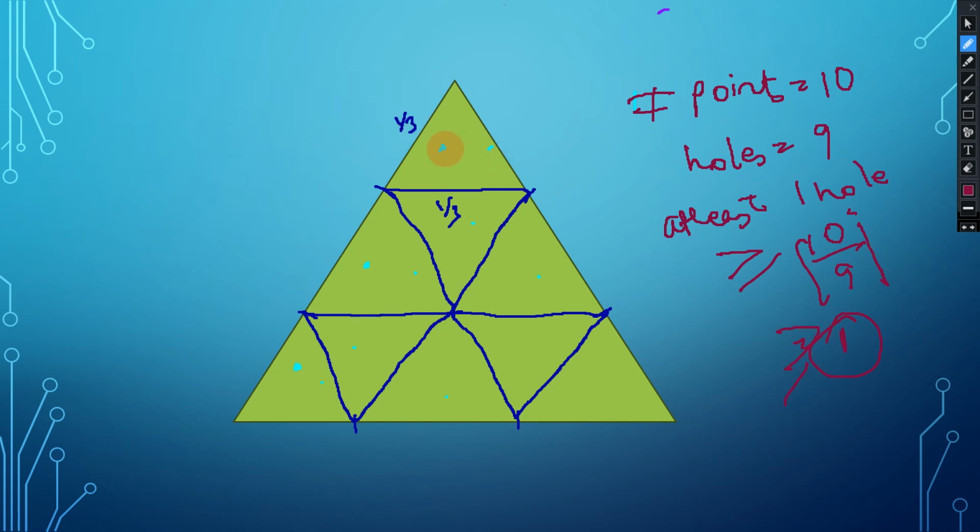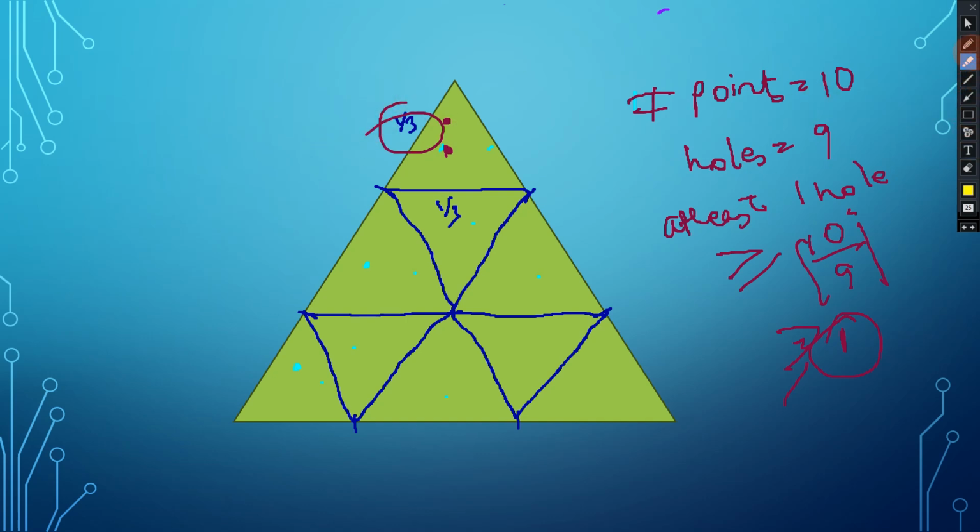If we assign one pigeon to every hole, that is the worst case. If we have more points inside one hole, then everything is proved. Definitely we will have 2 points. If 2 points are inside one hole, the distance between them is definitely less than 1 by 3, correct?